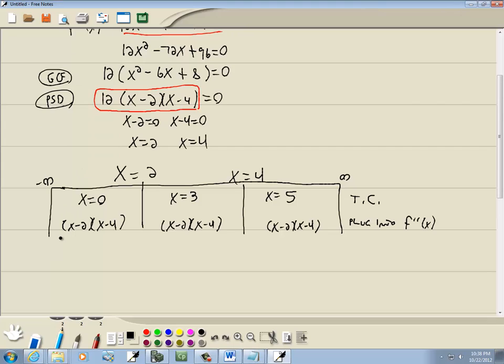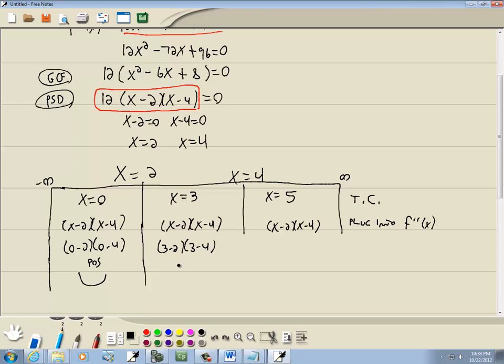Now if I put 0 in here, I got 0 minus 2 and 0 minus 4. Negative 2 times negative 4 gives us positive. So this is positive, which means it's concave up. If I put 3 in here, 3 minus 2, 3 minus 4. 3 minus 2 is positive, 3 minus 4 is negative.